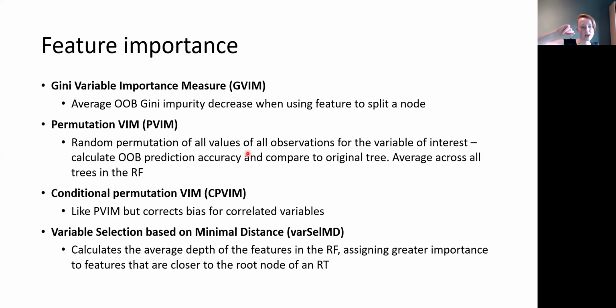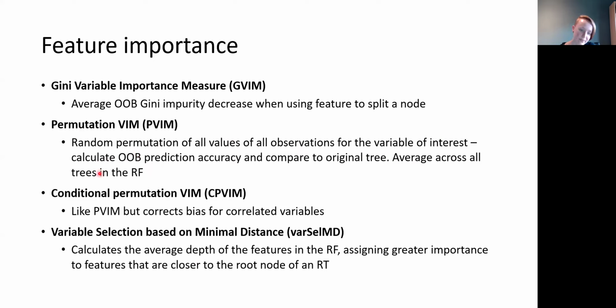So if there was any correlation originally, there would no longer be once you have randomized it. And then you look at how much worse the prediction is based on the randomization of the variable that you're interested in compared to the original data. And if it's a really good predictor, if you randomize it, you're going to end up with a much, much worse prediction accuracy based on, again, your out-of-bag data. For this, you do it for each tree individually and then average it across all of the trees in your forest.